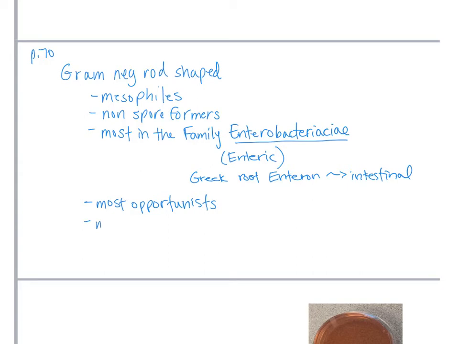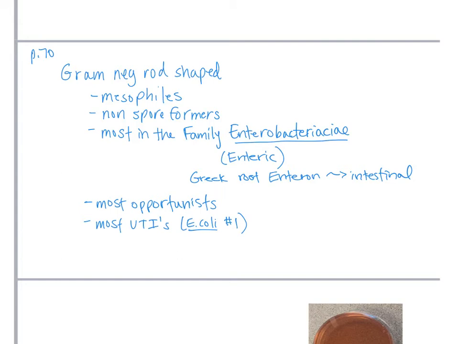Although most of these organisms are able to cause urinary tract infections in a healthy individual. Actually, E. coli is, we think, the number one cause of UTIs, but there are probably at least a couple hundred organisms that cause urinary tract infections.